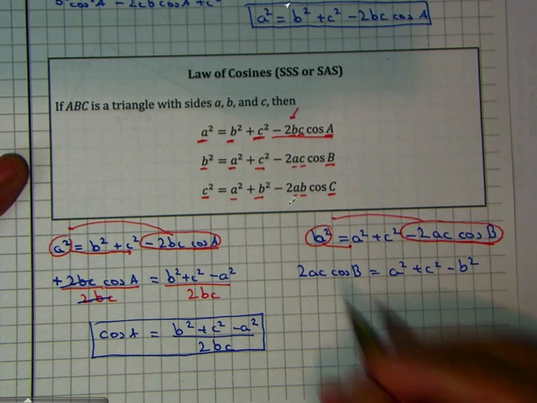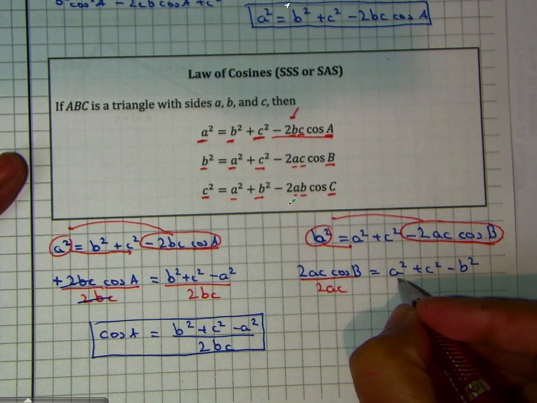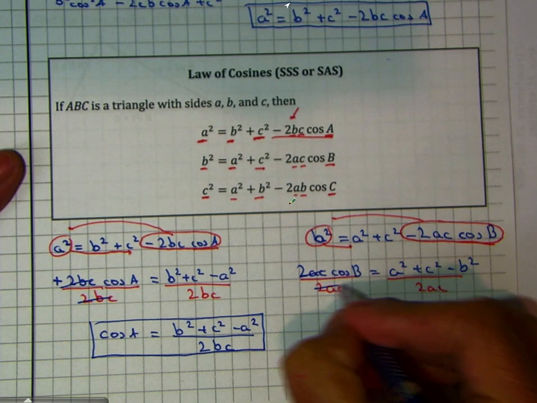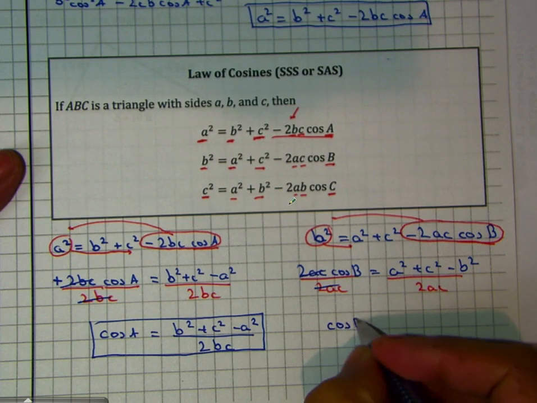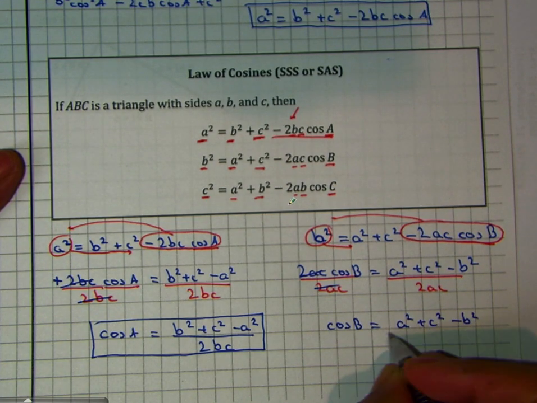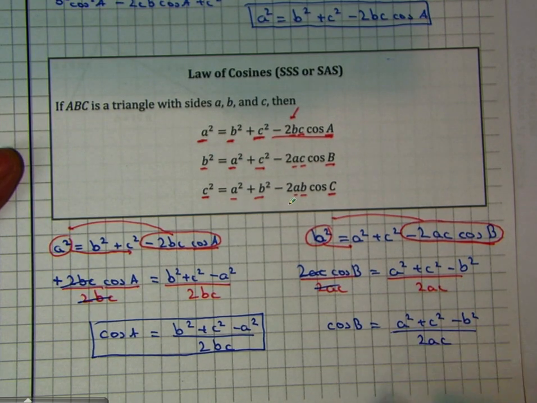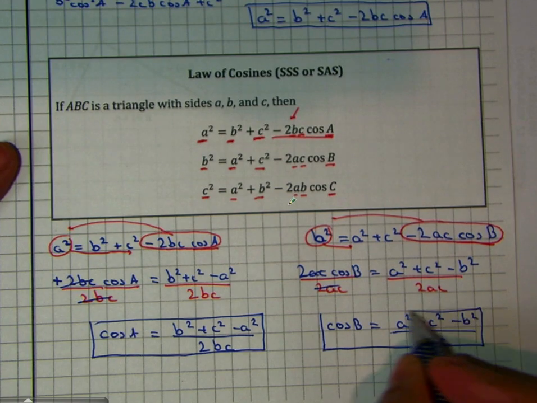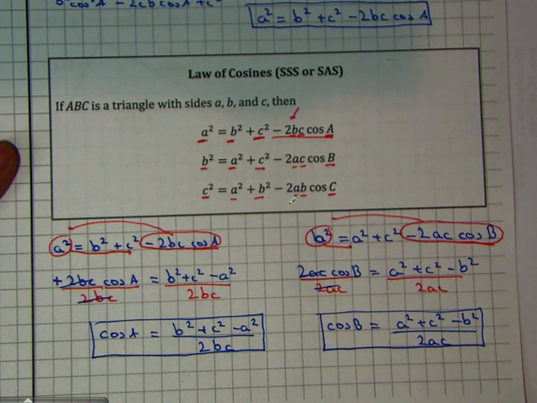I'm going to divide both sides by 2AC. That cancels, so therefore I have cosine of B is equal to A squared plus C squared minus B squared all over 2AC. And I can do the same thing with the third one, but it will be the same exact process.